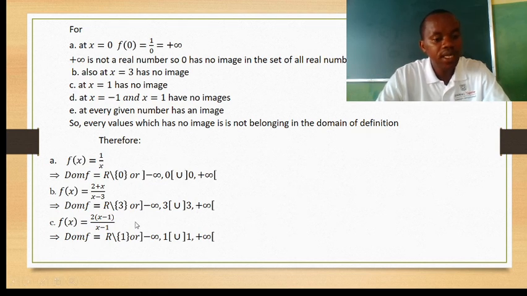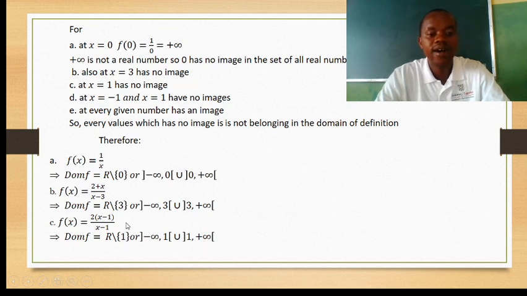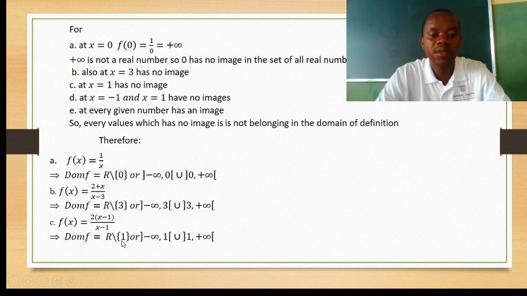For C, we have found that element 1 is the only element which has no image, and the domain of definition will be R except element 1. The interval form can be written like this.